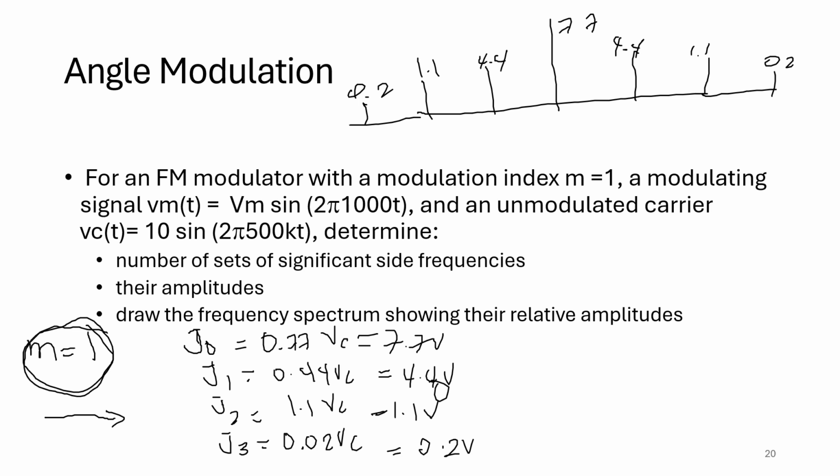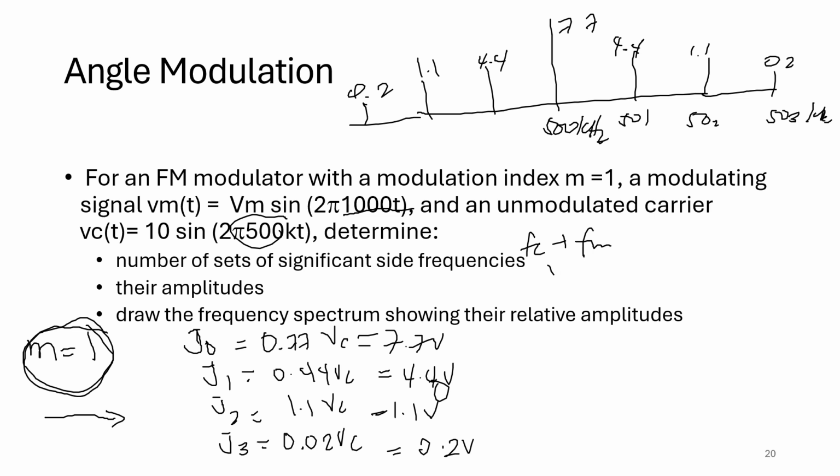Now how do we determine the frequencies? It's the same as what we do in AM. We start with the carrier. The frequency of the carrier is 500 kilohertz. The upper side frequency is 500 kilohertz plus our modulating signal frequency, which is 1 kilohertz, so this gives us 501, 502, and 503 kilohertz.